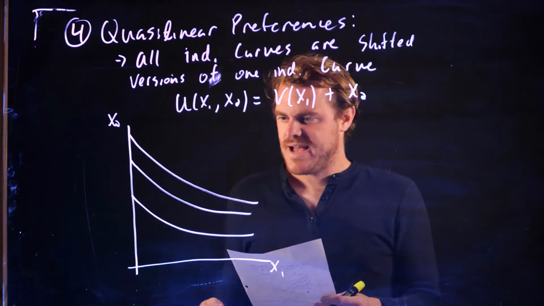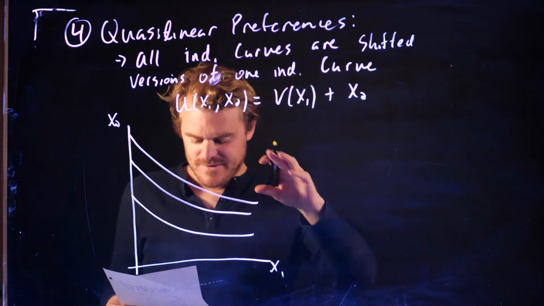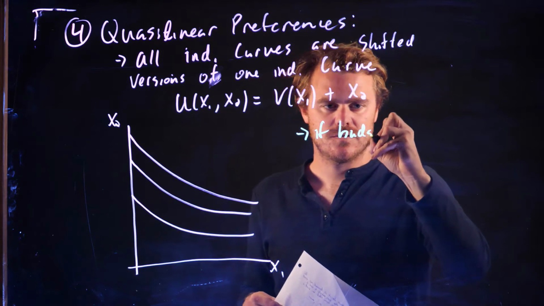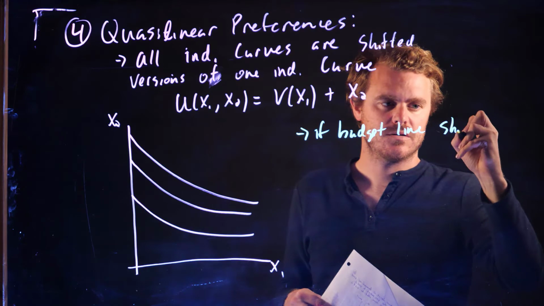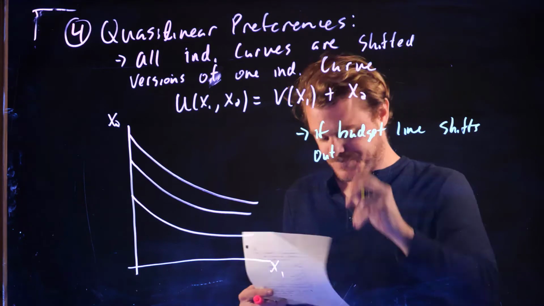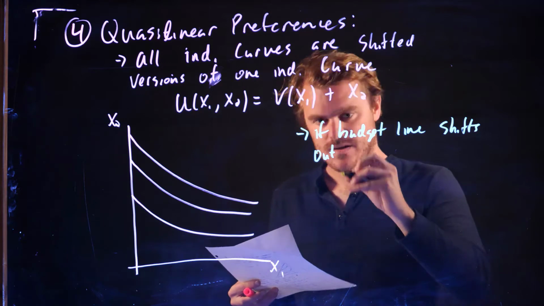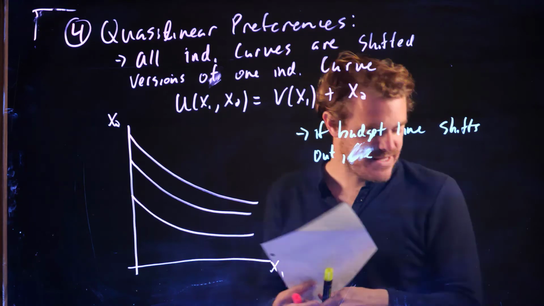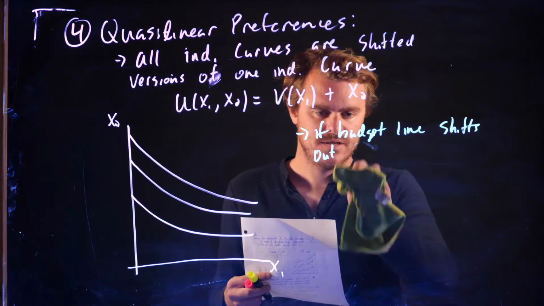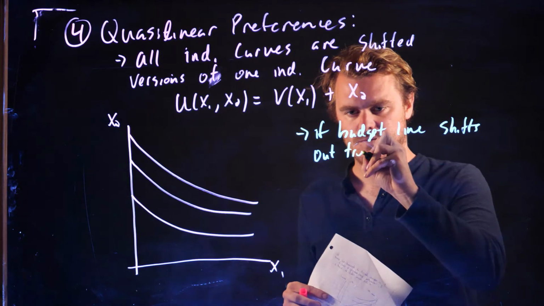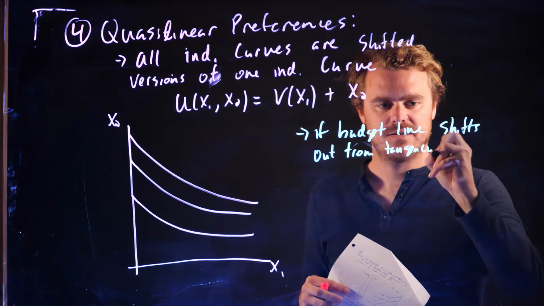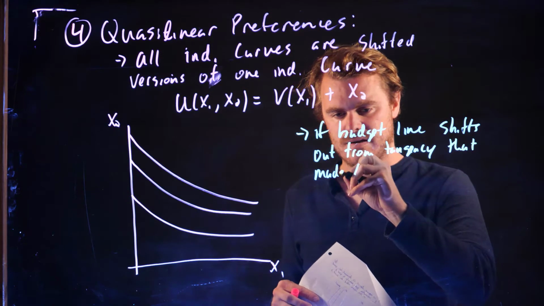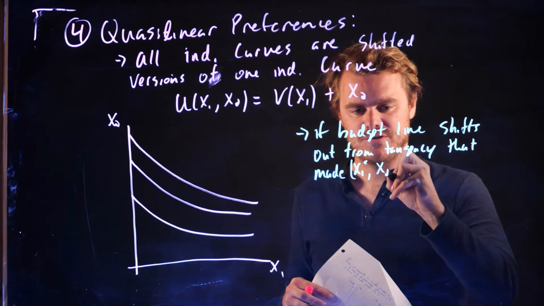And so what's happening here is if the budget line is shifted out, the tangency out, and let's say the optimal amount was from tangency, that made x1 star, x2 star the optimal amount.